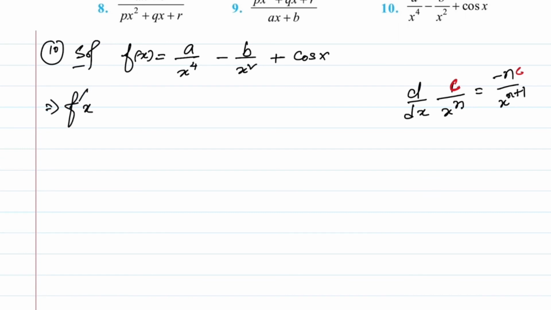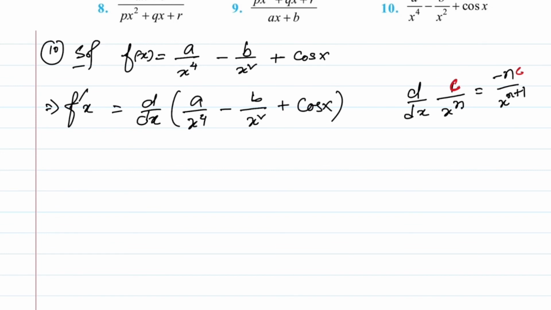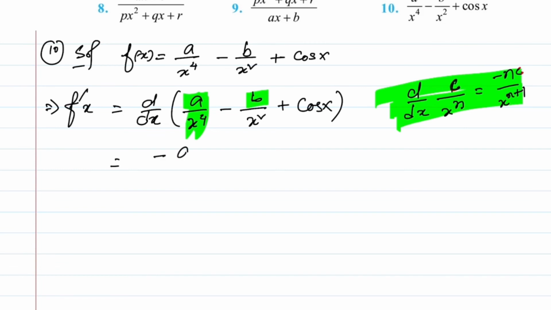So derivative of this given function, f dash x, is derivative of a by x to the power 4 minus b by x square plus cos x. Now you see a, b are constants. So here we're going to use this result, derivative of c by x to the power n. Using that we will get minus 4a by x to the power n plus 1.